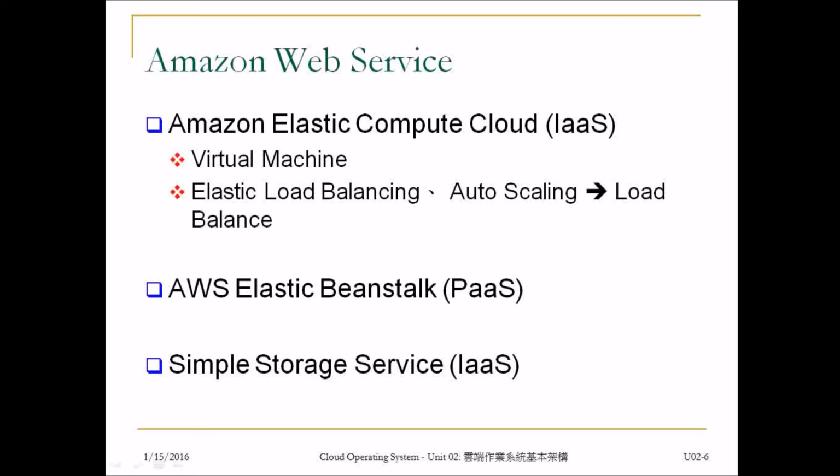You can choose the computing resource you need from the website. Then the Amazon EC2 platform will establish the virtual machine you need corresponding to the requirement of the computing resource.